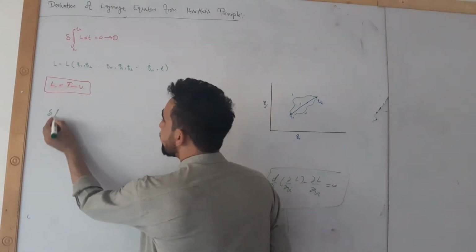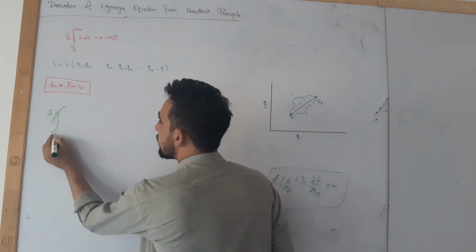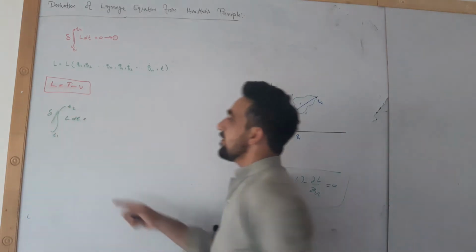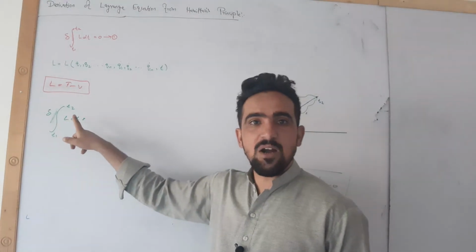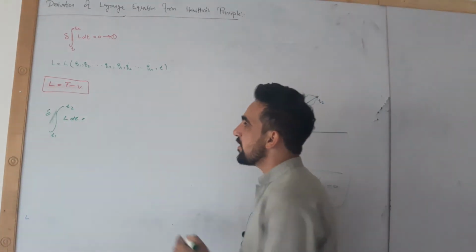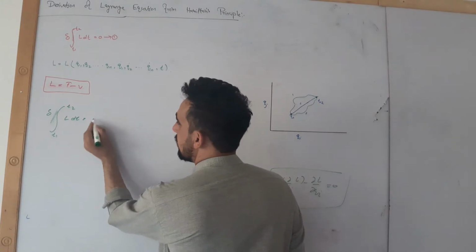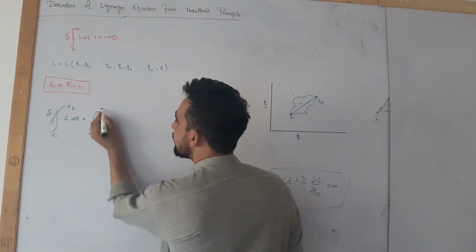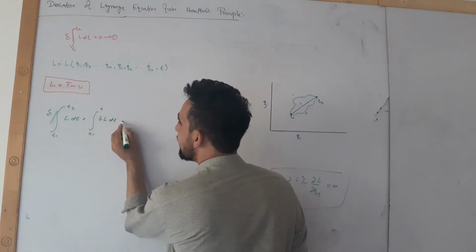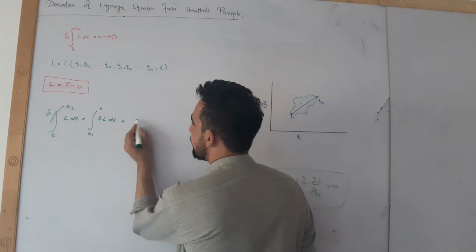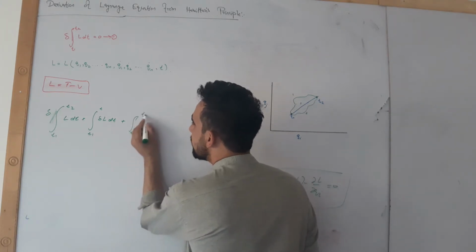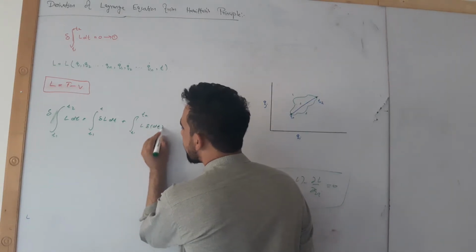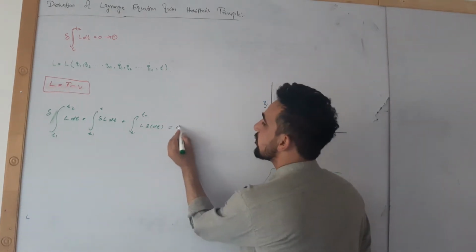We have δ integral from t1 to t2 of L dt, and we can apply the product rule of differentiation on this, which gives us integral from t1 to t2 of δL dt plus integral from t1 to t2 of L δ(dt), and this is equal to 0.